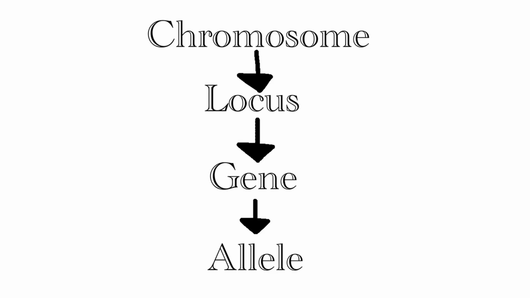In humans, each gene locus has 2 alleles, one inherited from each parent. These alleles are different versions of the same gene and can influence the individual traits each organism has. So you have one gene on every locus made up of 2 alleles. Now that we know this hierarchy, let's understand what this actually means.